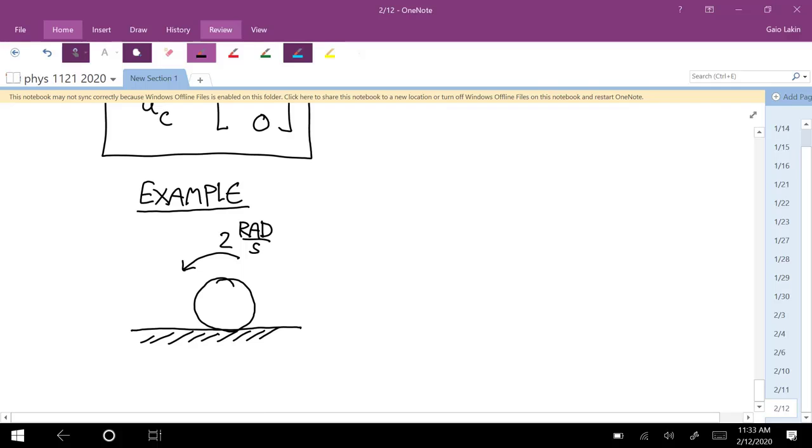And let's say it's speeding up with an angular acceleration of 10 radians per second squared. We know it's speeding up because those are the same direction. And the radius of this wheel is 0.5 meters.